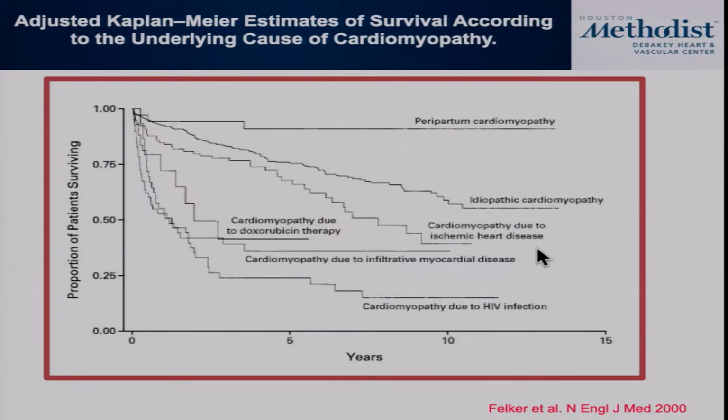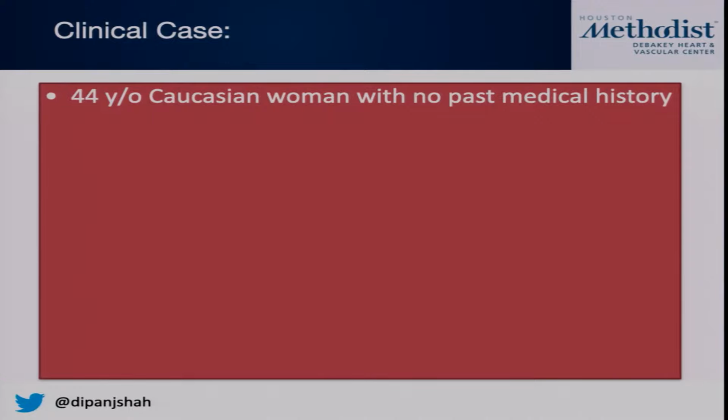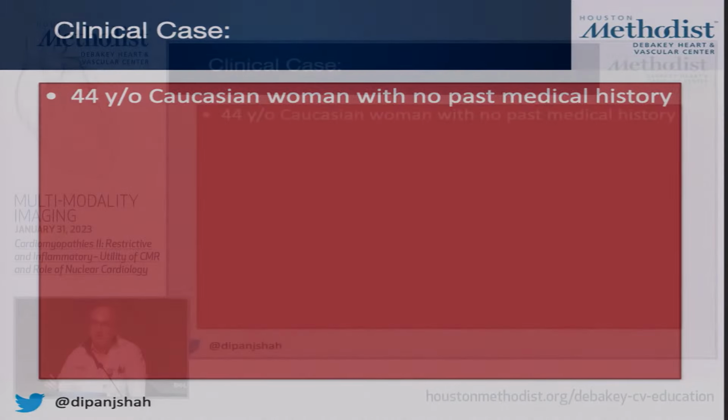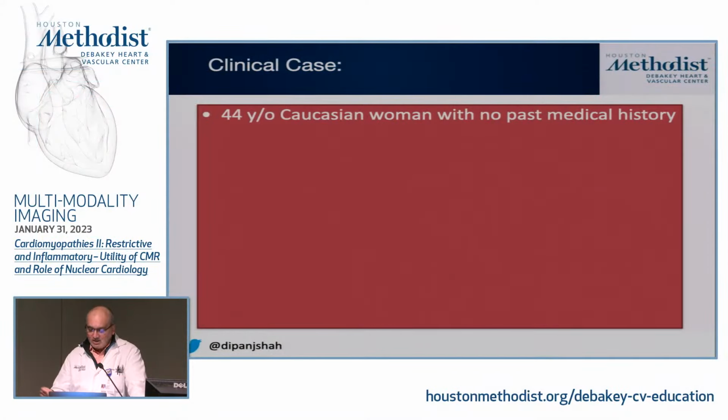We also talked about last week the fact that the myocardial scar substrate that we detect by MRI in non-ischemic cardiomyopathy can be important for risk stratification, specifically for arrhythmic risk, as well as for all-cause or heart failure mortality.